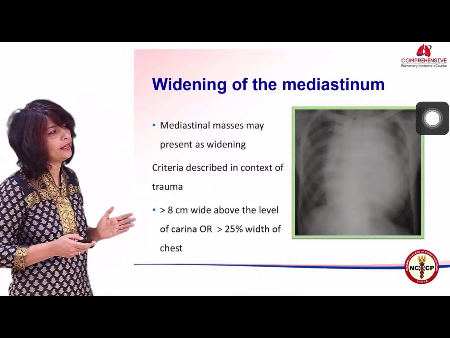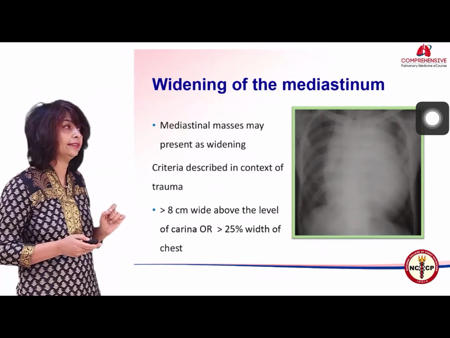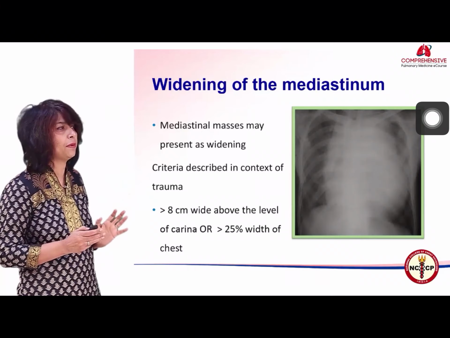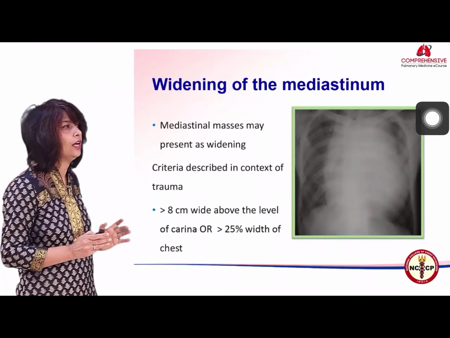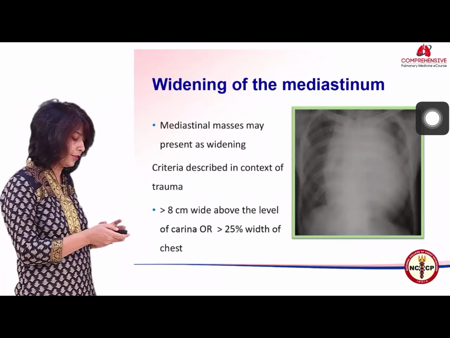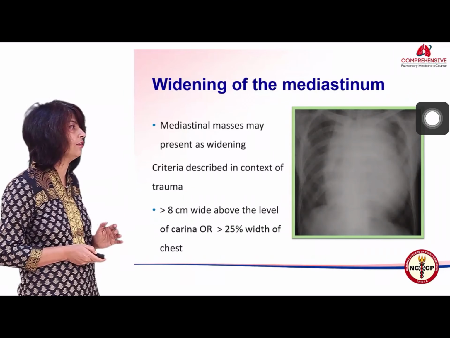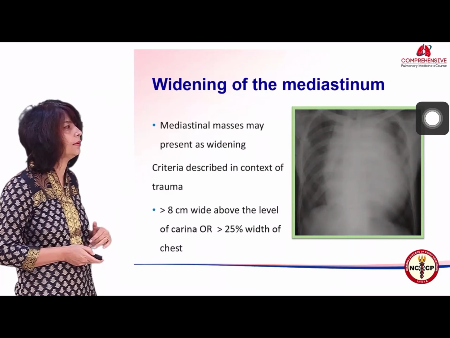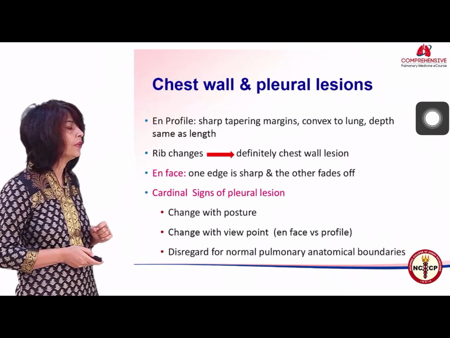But broadly, yes, this is the criteria, or as I said, you know your normal borders, you know the normal empty spaces, and if they fill out and this border becomes convex laterally, there is a mediastinal widening. So we can have a mediastinal mass-like lesion or simply mediastinal widening.